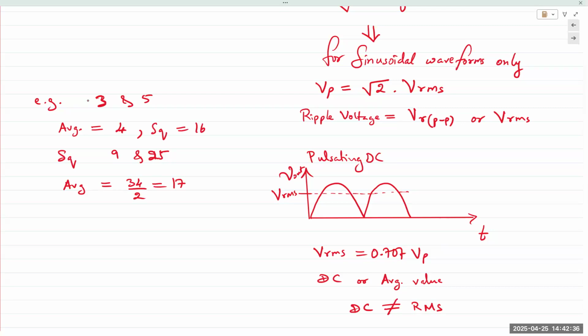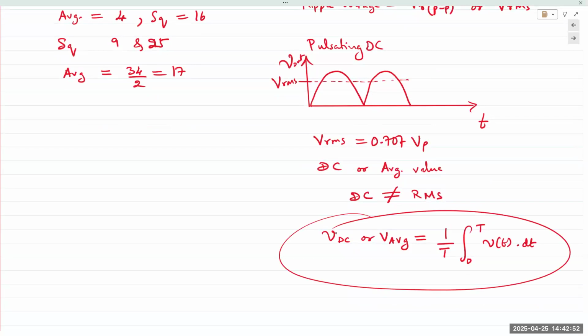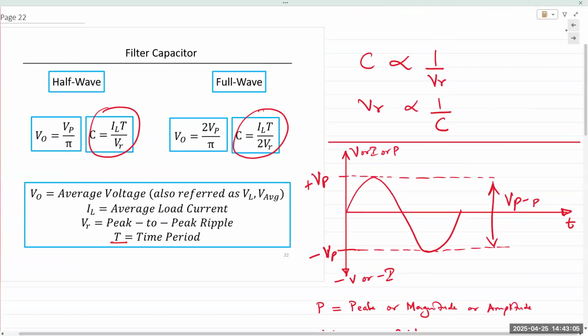All right. That's a lot of information in there. Let's look at an example. Before the example, sorry, we're talking about the DC versus RMS value, right? So DC is the average of the waveform, right? If you take a pure sinusoid, the answer would be 0. But we have rectified waveforms now. So for a half-wave rectified waveform, it turns out that the average value would be VP over pi.